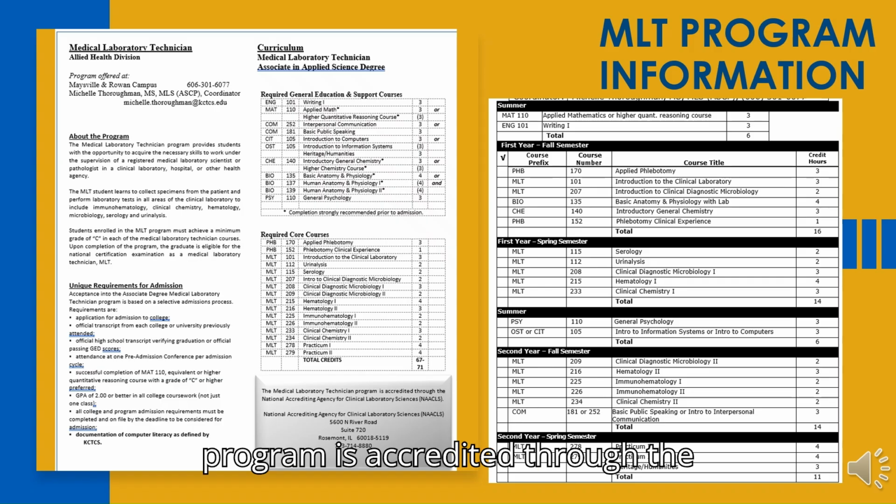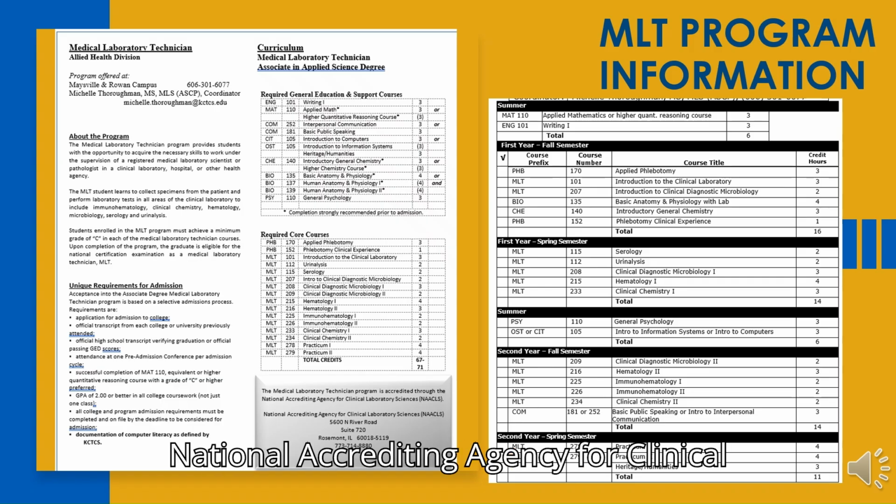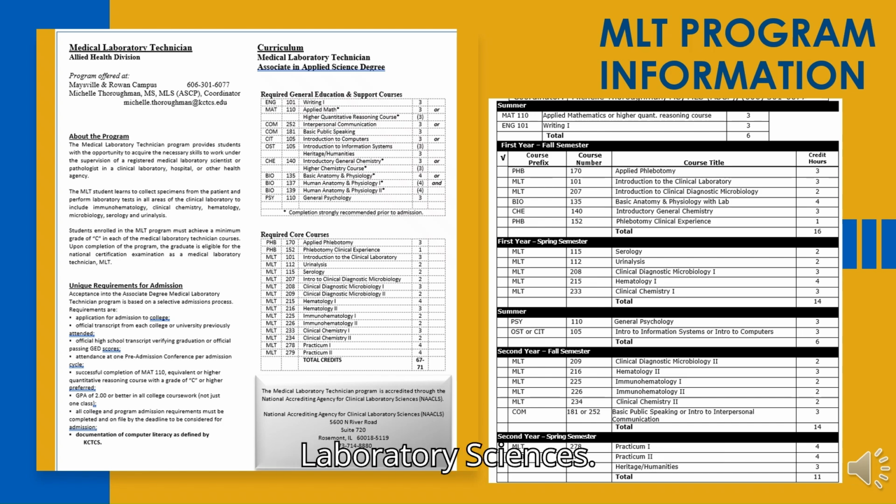The program is accredited through the National Accrediting Agency for Clinical Laboratory Sciences. So Math 110 must be completed prior to admission to the program. It is a prerequisite necessary for Bio 135 and Chem 140.